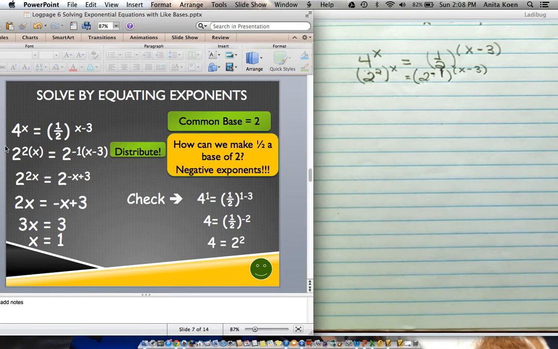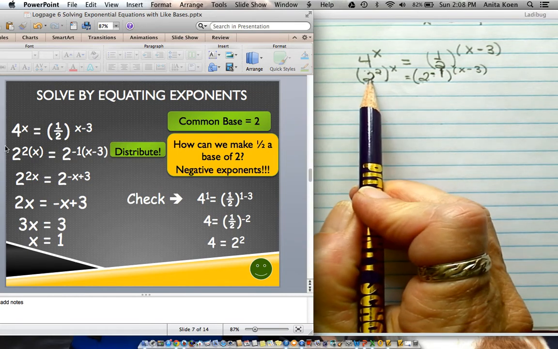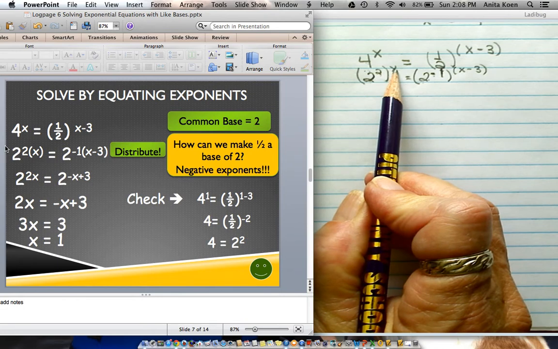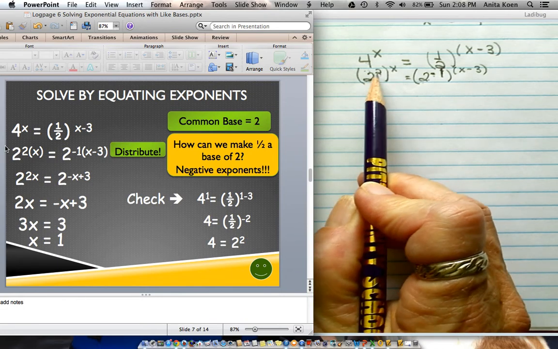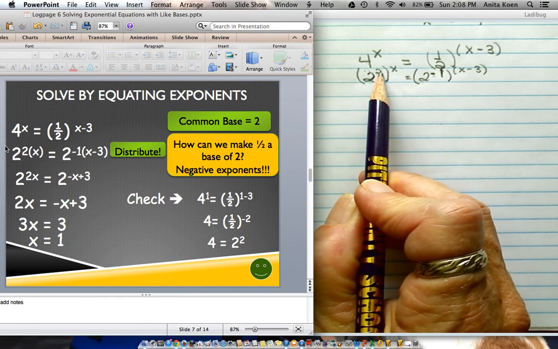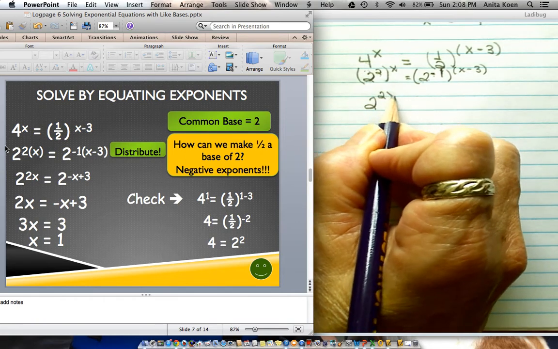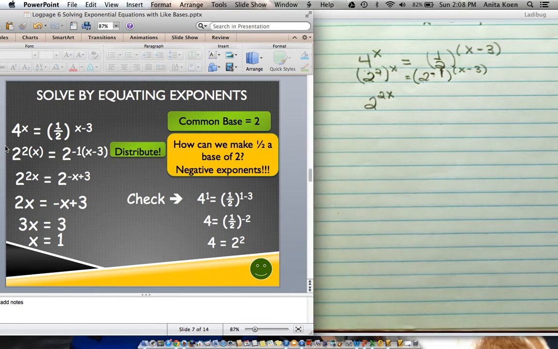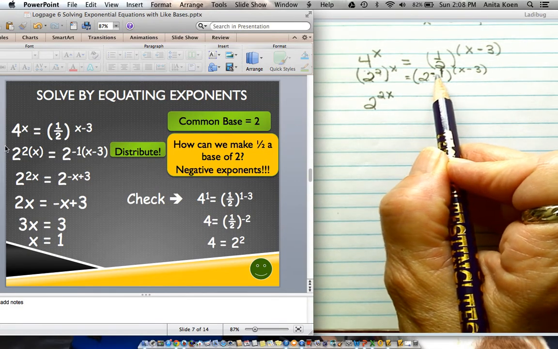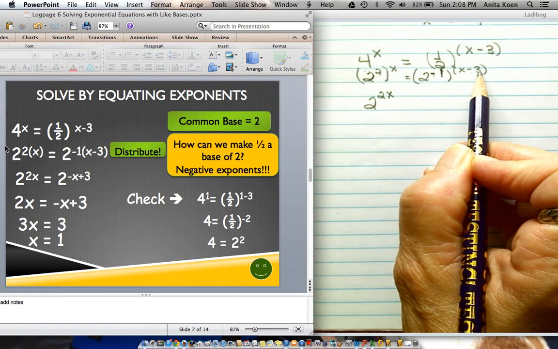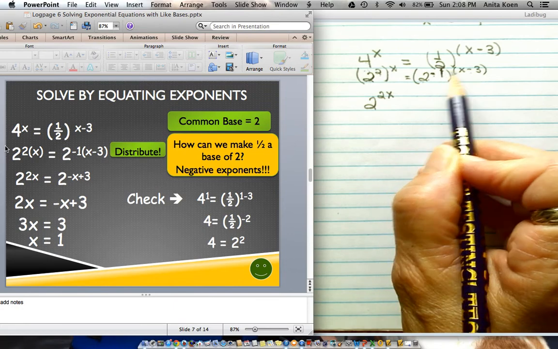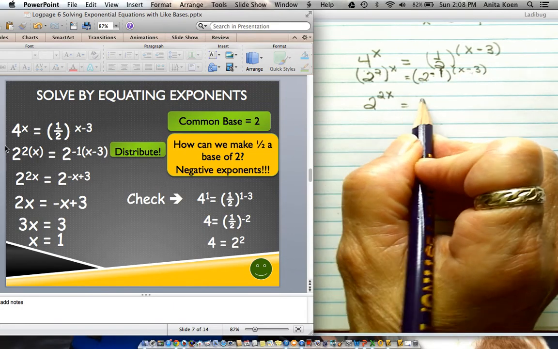Now, when we raise a power to a power, we have to multiply the exponents. So 2 to the second raised to the x is 2 to the 2 times x, so 2 to the 2x. 2 to the negative first raised to the x minus 3 power, that's raising a power to a power.